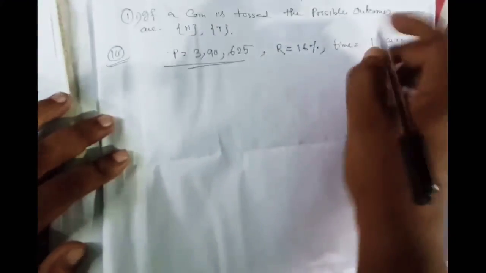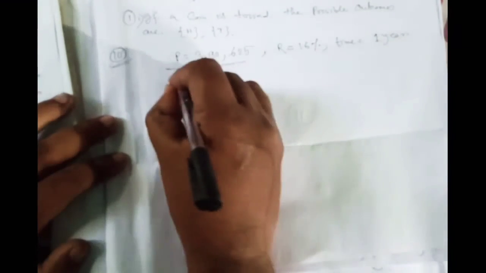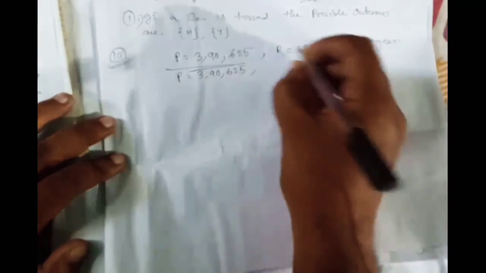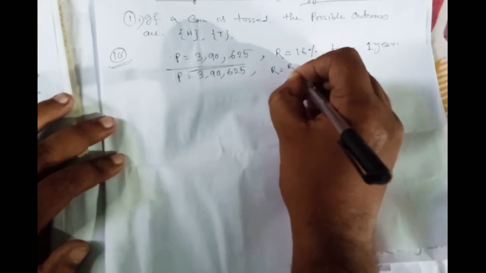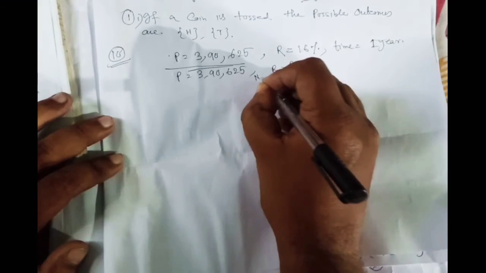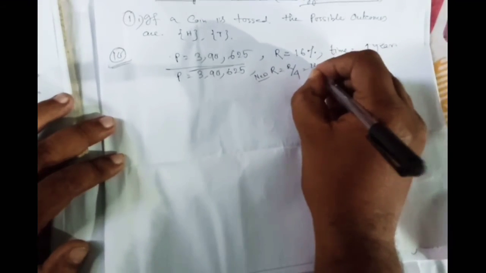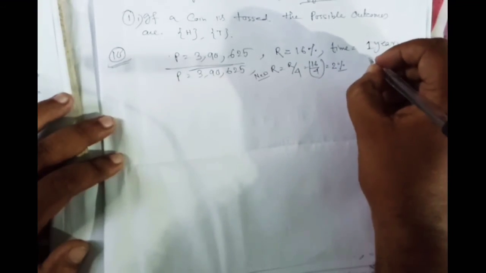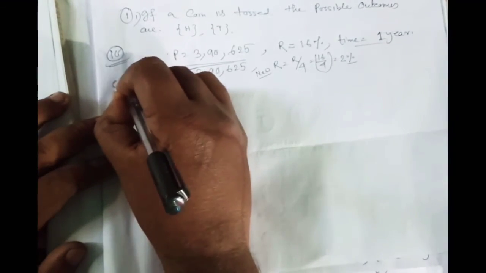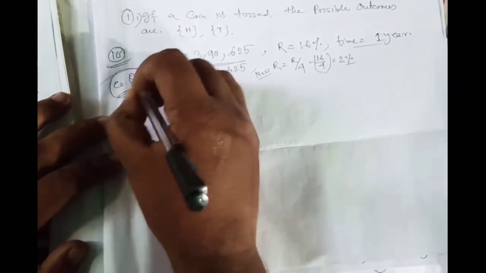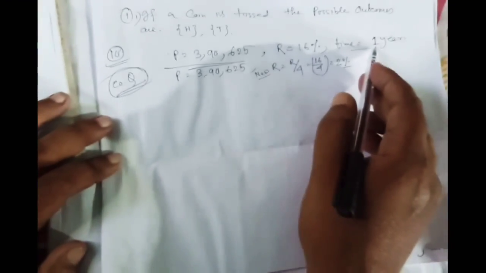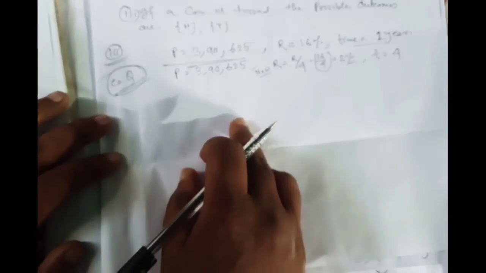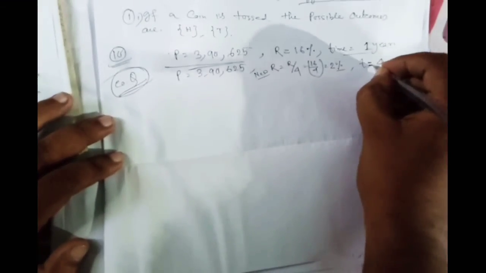Time is equal to 1 year. So principal P is equal to 3,90,625. The new rate is R/4, that is 16/4, equal to 2%, and since it is compounded quarterly, in 1 year there should be 4 quarters, so T should be 4 over here, understood. 1 quarter means 3 months.